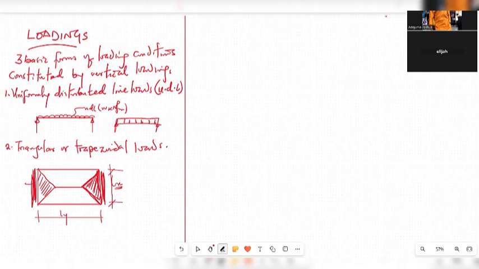In like manner, the amount of load that will be transmitted to this side of the slab panel and this side of the slab panel will be proportional to the area of this trapezoidal shape. I hope you are getting me.